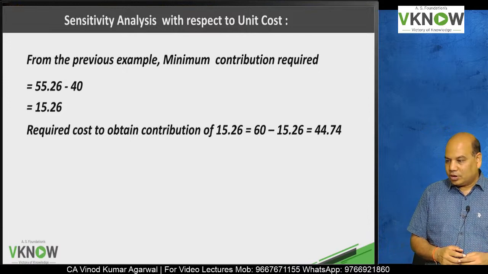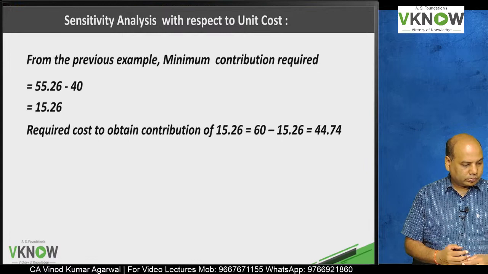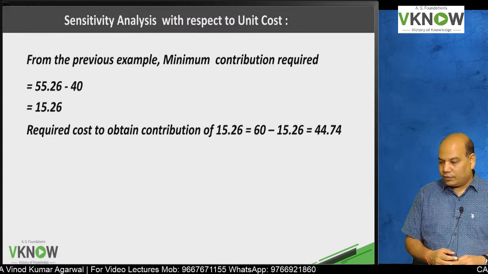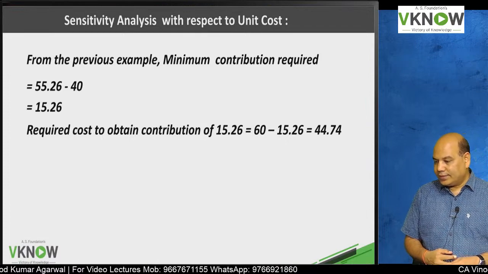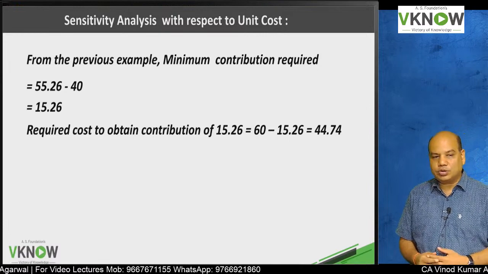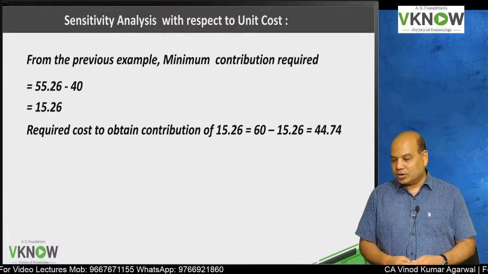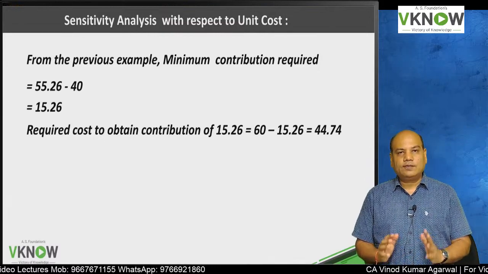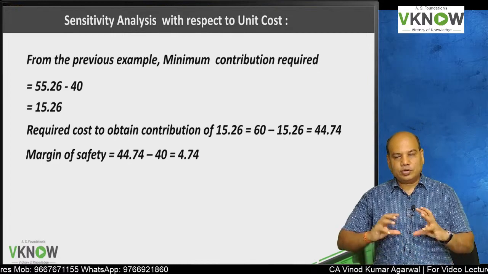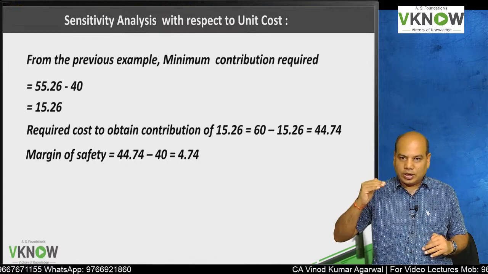Next line, required cost to obtain contribution. Required cost to obtain contribution of 15.26 is equal to 60 minus 15.26, which is 44.74. 44.74 is the upper limit of the cost per unit I can tolerate.